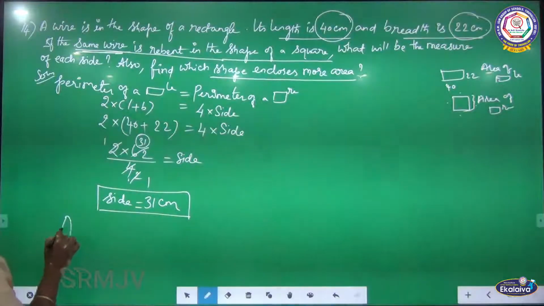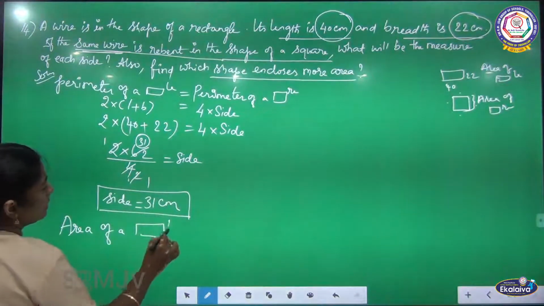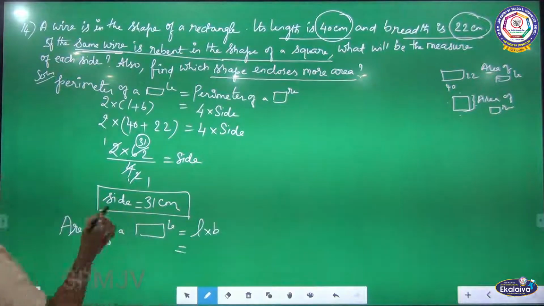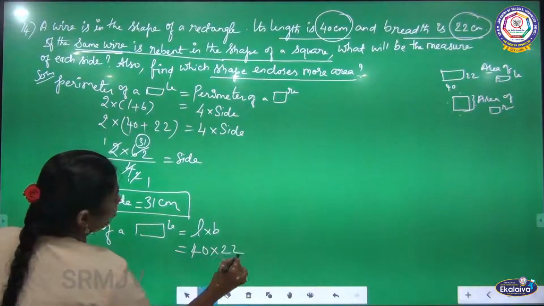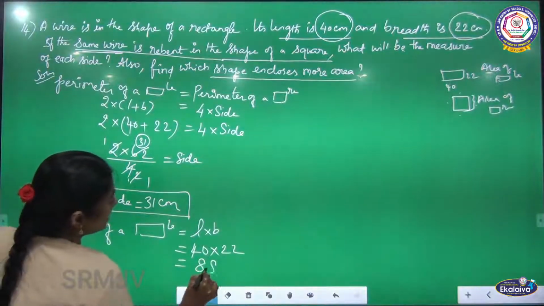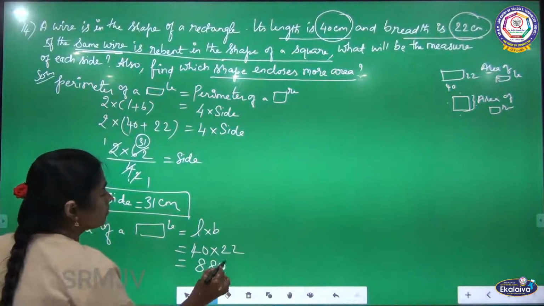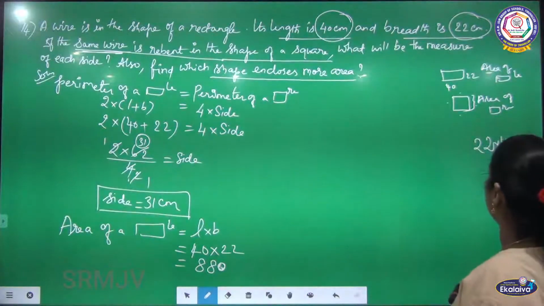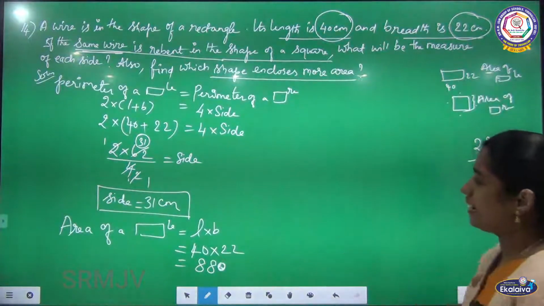So the first step, I am going to find the area of a rectangle. What is the area of a rectangle? Length into breadth, which is given in the question, 40 into 22, which is what? 880. Just you can simplify that. 22 into 40. What is the answer? 4 twos are 8, 4 twos are 8, 0. So 880.